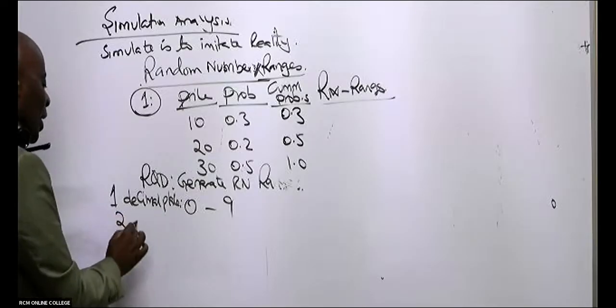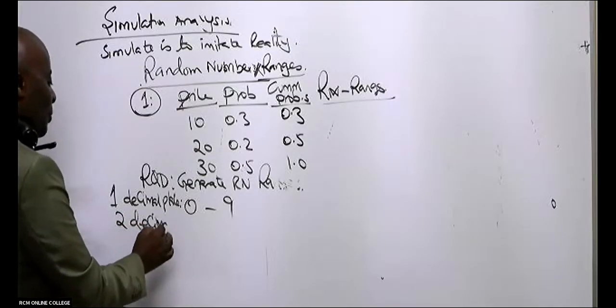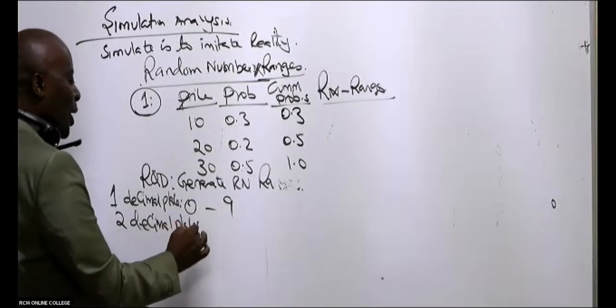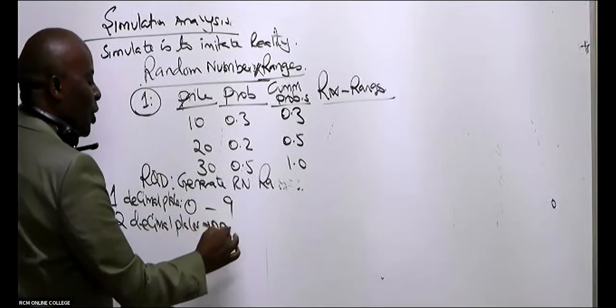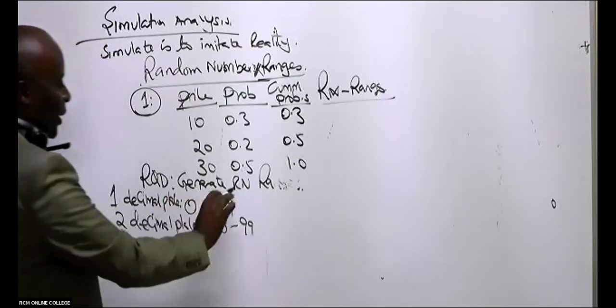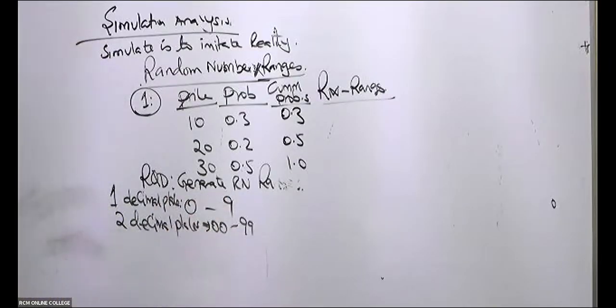If there were to be 2 decimal places, we say 00 to 99. You must write this as a note somewhere. And so forth. If there were to be 3 decimal places, you write 000 to 999.